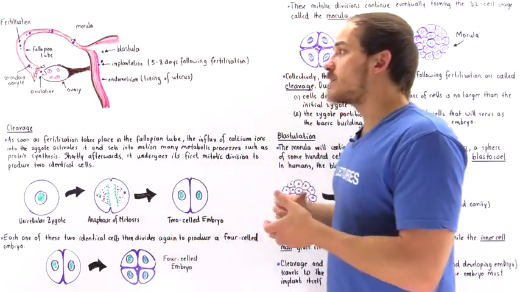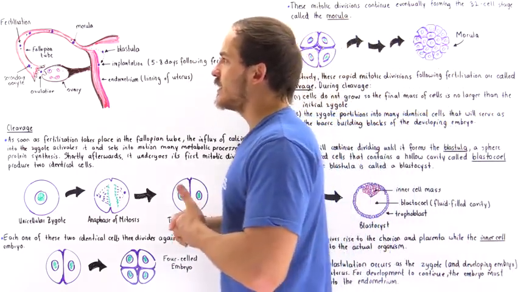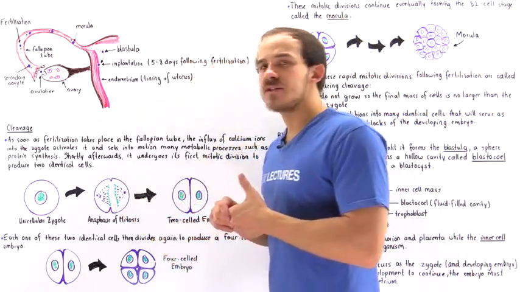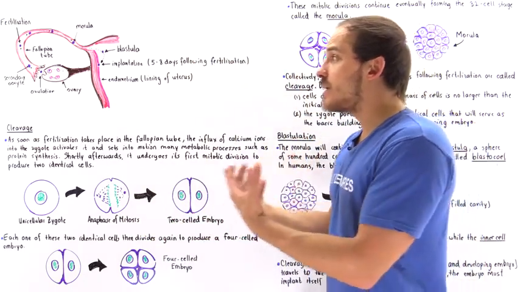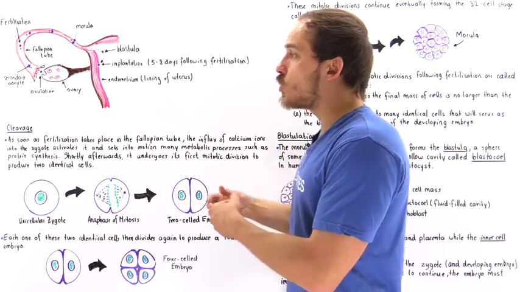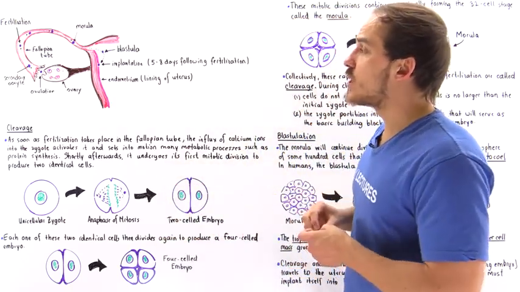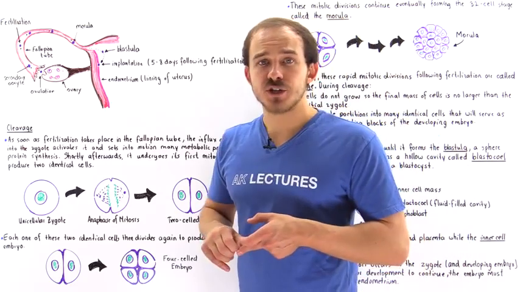Now, the influx of calcium ions also initiates other metabolic processes such as protein synthesis, and eventually this leads to the process of mitosis. So the zygote begins to divide shortly after fertilization.